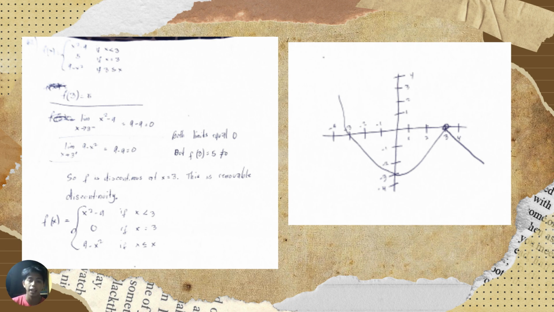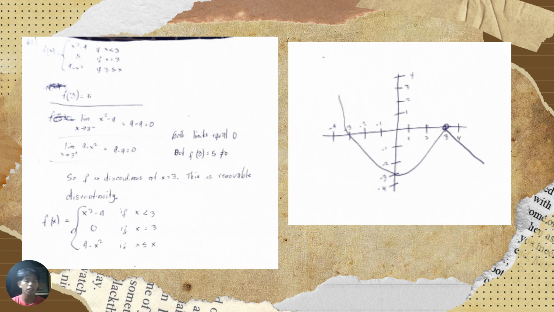So our left hand limit is equal to 0. And then the right hand limit is the limit of 9 minus x squared as x approaches 3. So substitute the value of x, which is 3. So 9 minus 9 also equals 0.